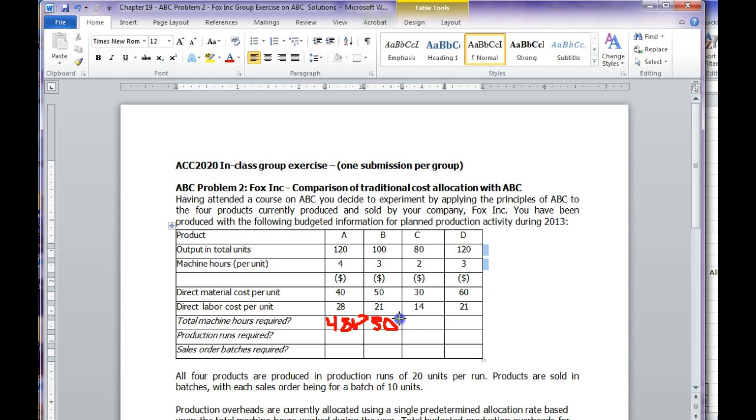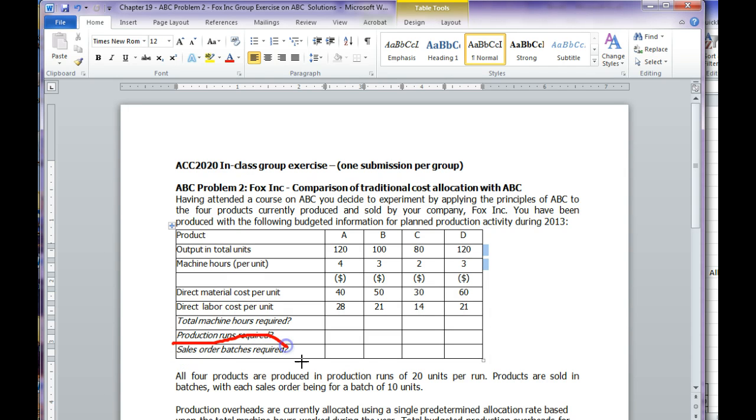This is going to be 160, and that's going to be 360. And all we did is multiply these numbers. Let's get rid of those numbers so there's no witnesses.